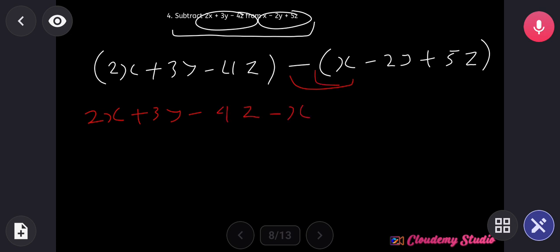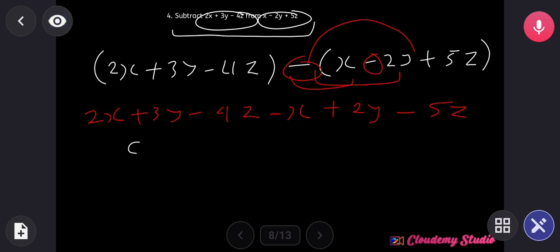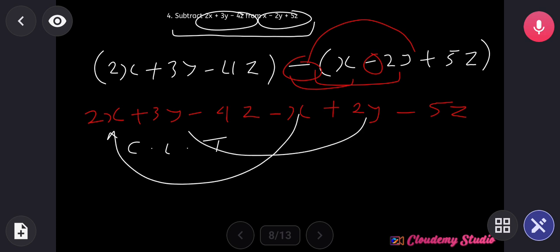Now, minus times minus 2y, minus times minus gives us plus. That is plus 2y. Then minus times plus gives us minus. That is minus 5z. The next thing you are going to do here is collect the like terms. In collecting the like terms, x will come and meet x, y will come and meet y, and z will come and meet z.